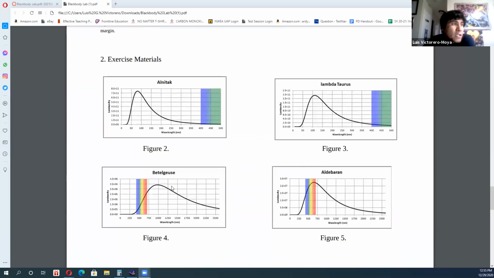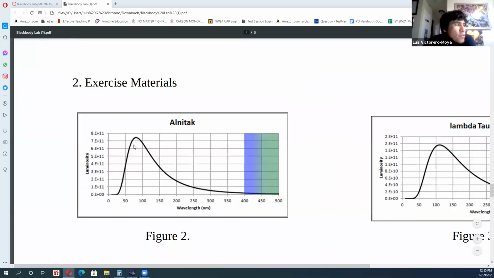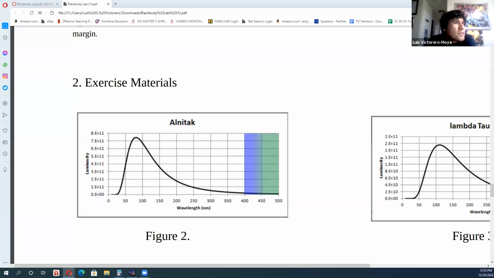You can zoom in, and then you are going to use a straight line. That's why I'm saying this is an approximation. There it is.